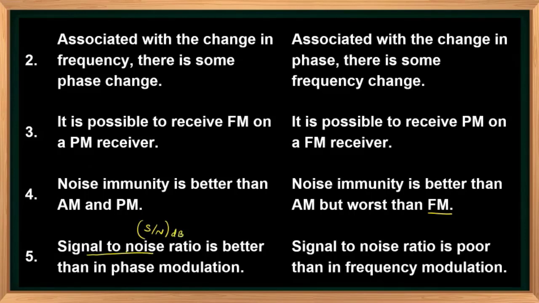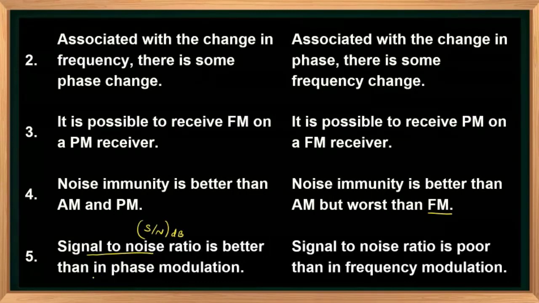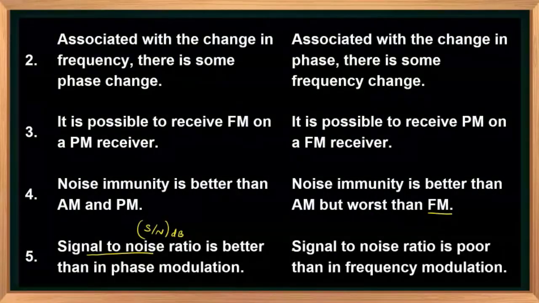In an FM system, the signal to noise ratio is better than phase modulation. In the case of phase modulation, the signal to noise ratio is poorer than frequency modulation.